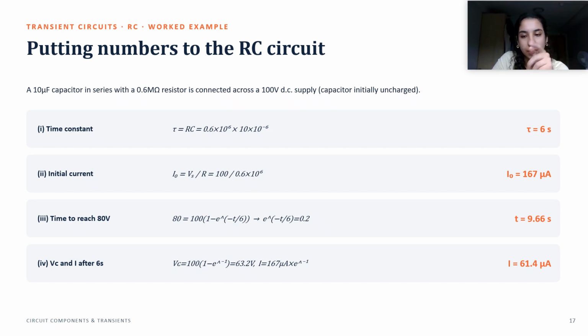So therefore, for the current after that time, we again substitute the numbers into the formulas we learned, and we end up with 61.4 microamps. So here, the current falls from 167 microamps to 61.4 microamps by the time the voltage reaches 80 volts.